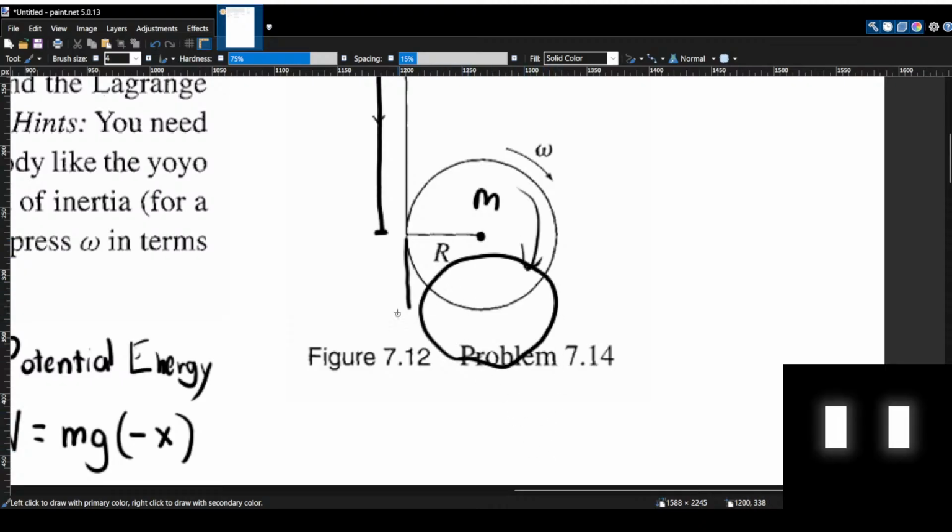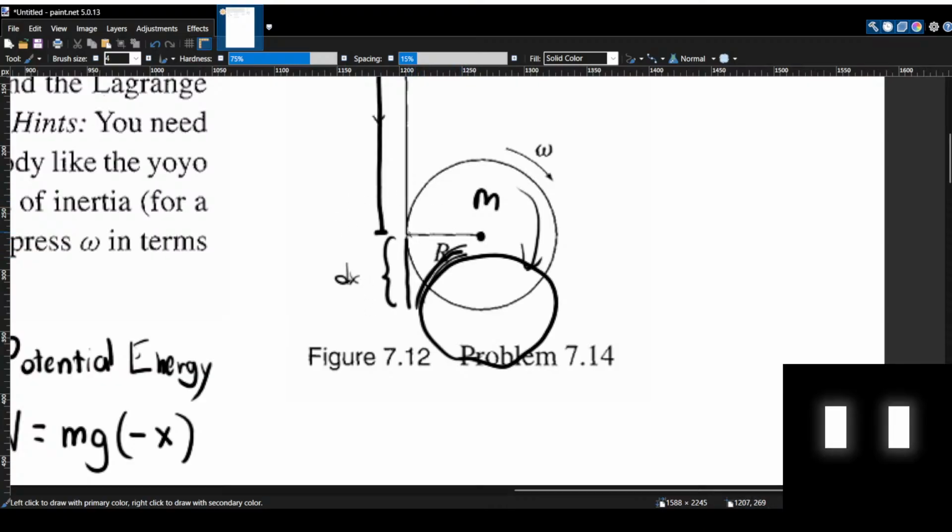The result is that the length x is going to be increased by how much this thing rolled, by the angle that this thing rolled. So dx is going to be equal to this length.